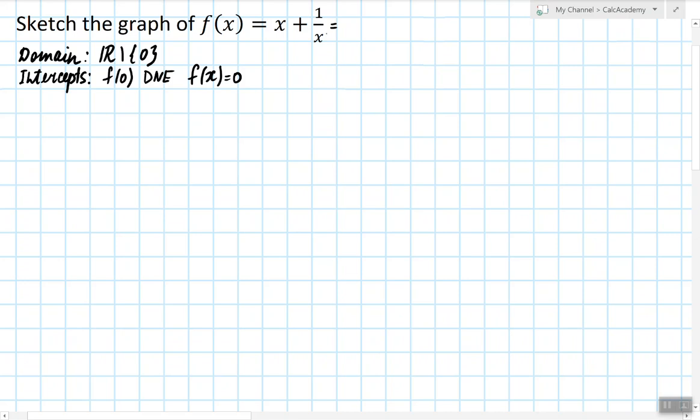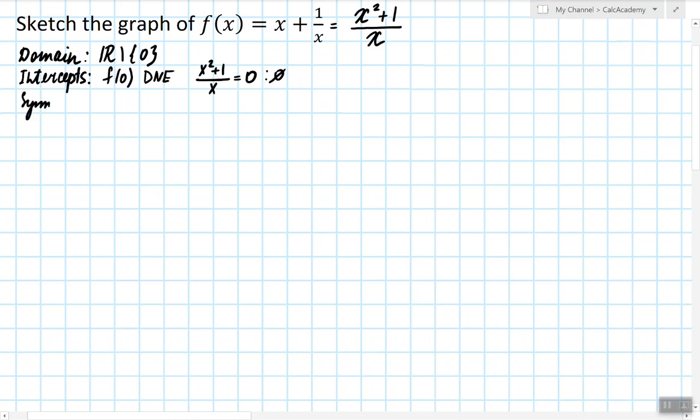Now, it is always beneficial in such analysis to write your function as a single fraction, because it just makes it easy to analyze the function by setting the numerator and denominator equal to 0 when necessary. So here we can see that this equation, f of x equal to 0, has no solutions, because x squared plus 1 cannot be equal to 0. So there are no intercepts.